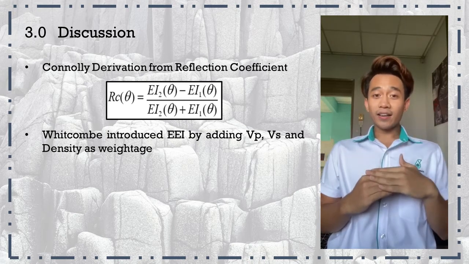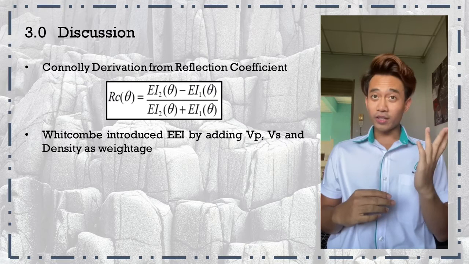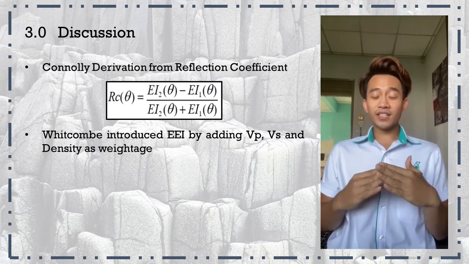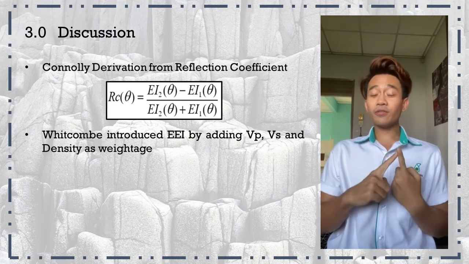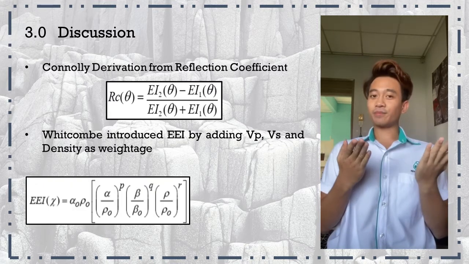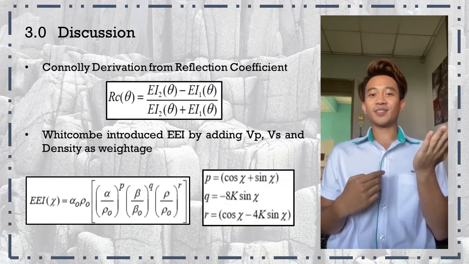EEI is the new concept of EI, where from the previous equation, Whitcomb proposed P-wave and density as the weightage to the previous equation, which are dependent on P-wave, S-wave, and density. It gives this equation, whereby this is the angle.